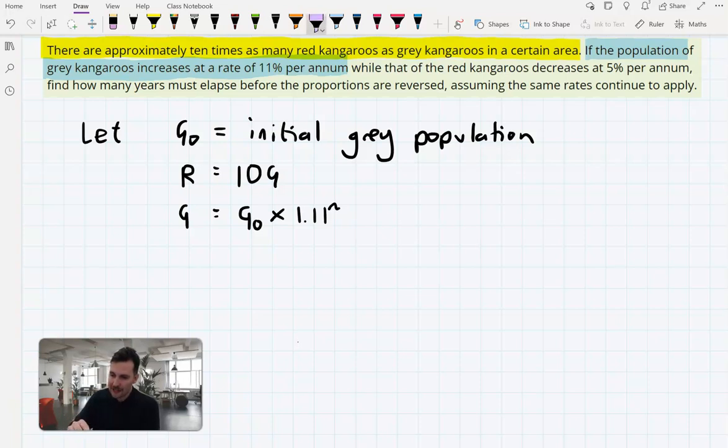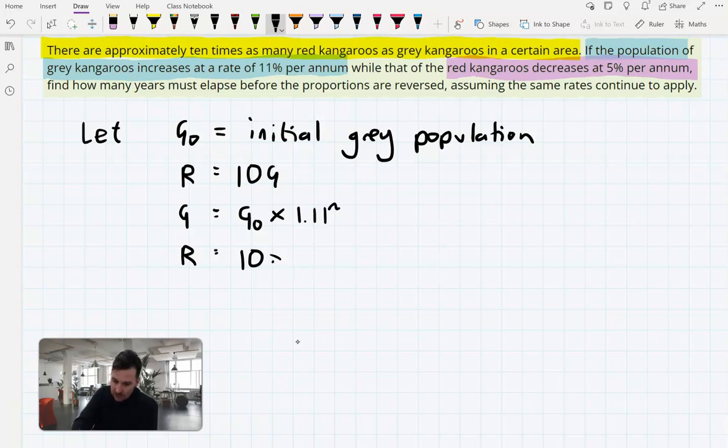Then for our red kangaroos, their population decreases at a rate of 5% per annum. So let's come up with an equation for that. Your red kangaroo population is going to be, well, let's have a look at the information that we've got. We know that at the moment, their current population is going to be 10 times the number of grey kangaroos that we started with.